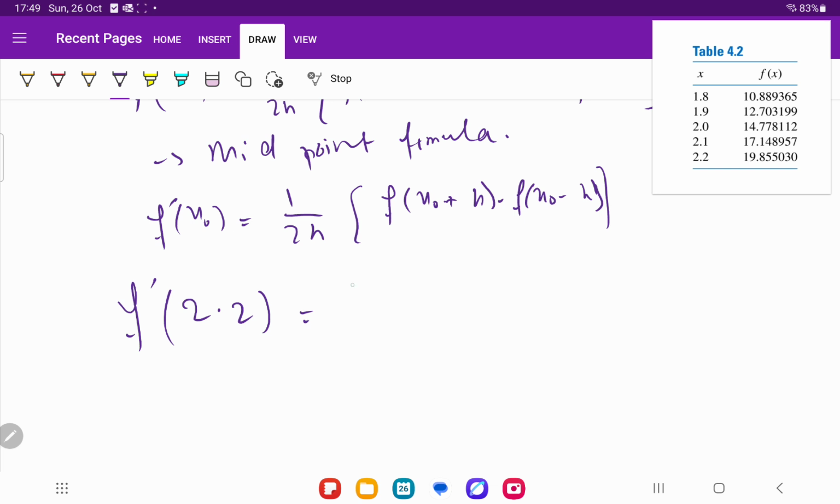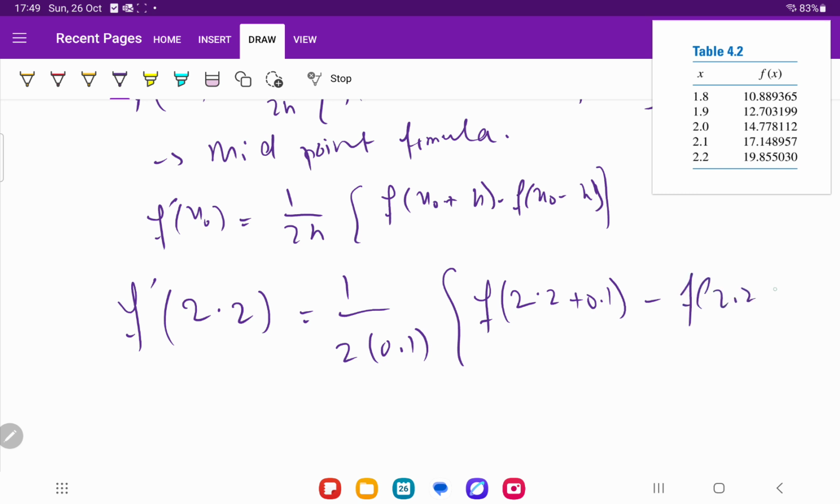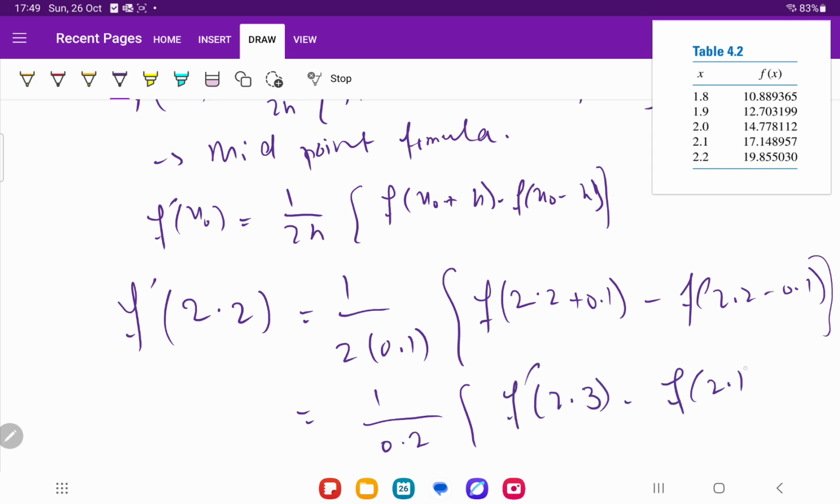It means 2 into 0.1, f dash at 2.2 equals f of 2.2 plus 0.1 minus f of 2.2 minus 0.1, which is 0.2, f of 2.3 minus f of 2.1.